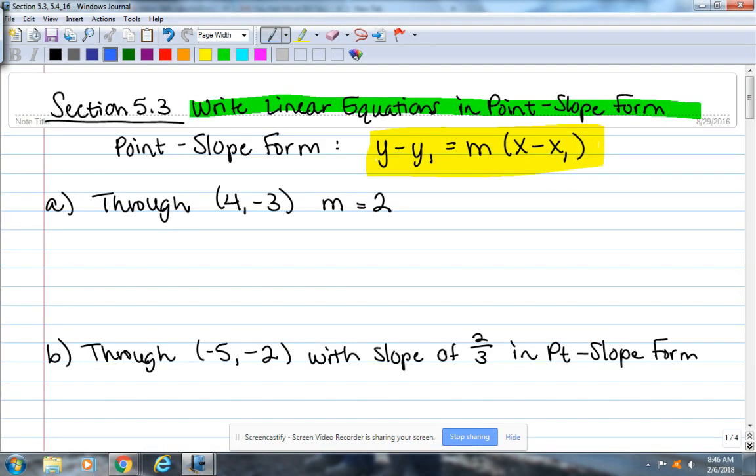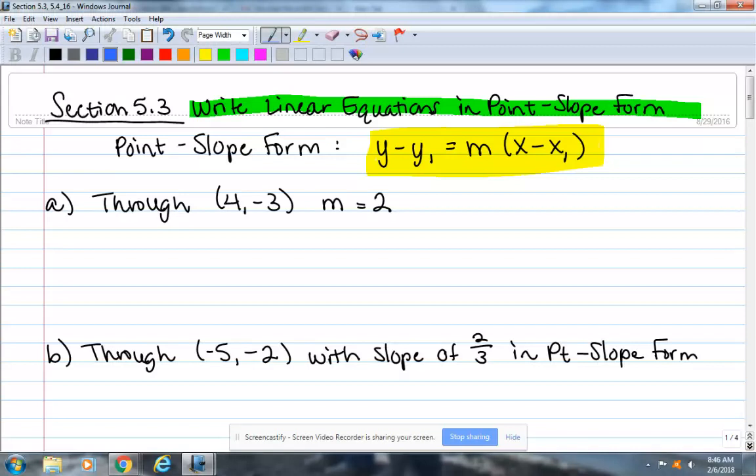So point slope form is y minus y1 equals m times x minus x1. Y minus y1 equals m parentheses x minus x1. Yes, you need to memorize that before your test on Friday. It's not that difficult to memorize. What you do need to know is that m is probably going to be the what?